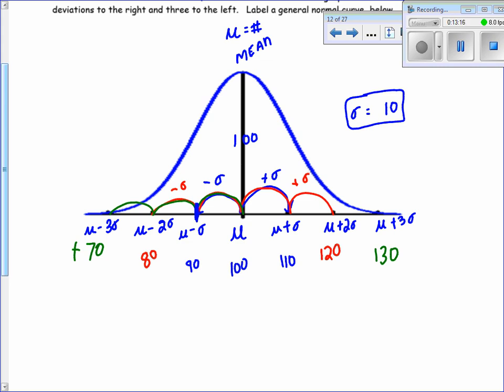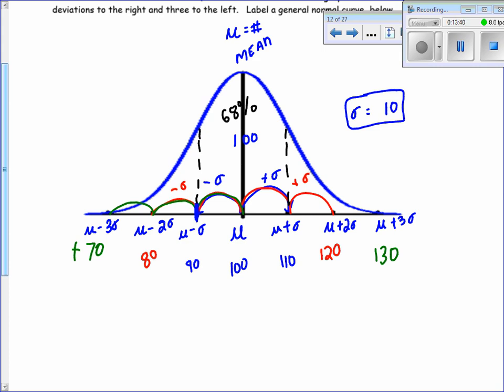Things I want you to outline here. I want you to create these little bars. Anything that falls within 1 standard deviation means that 68% of people made that score or did whatever.